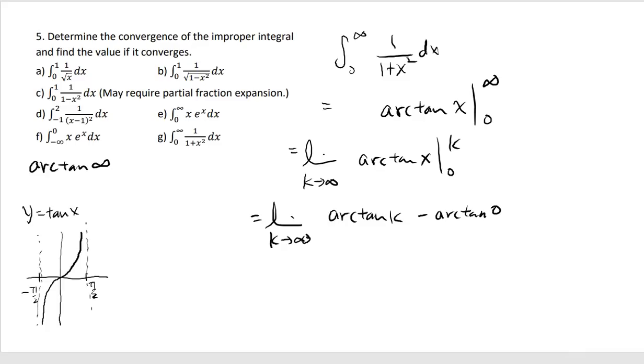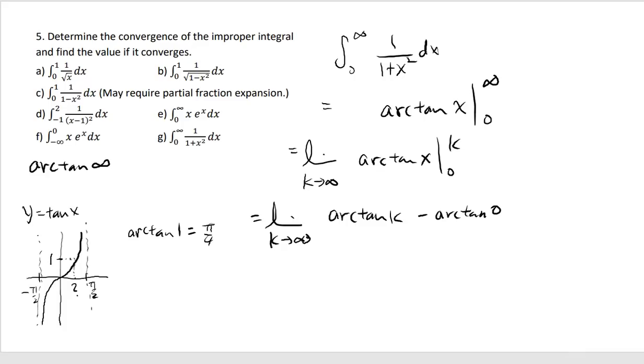Okay, so for example, if I want arctan of 1, what do we do? We look for the case where the tangent becomes 1, and we ask the question, what is the number that will make this value 1? And the answer is it's pi over 4. So this is pi over 4 because tangent of pi over 4 is 1.